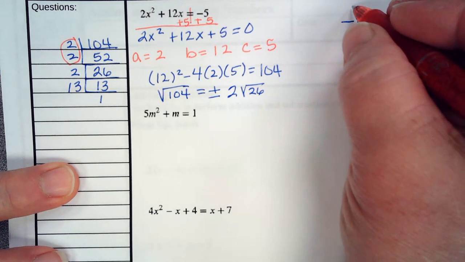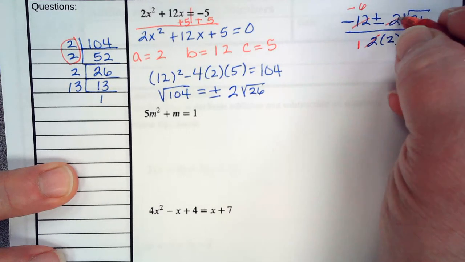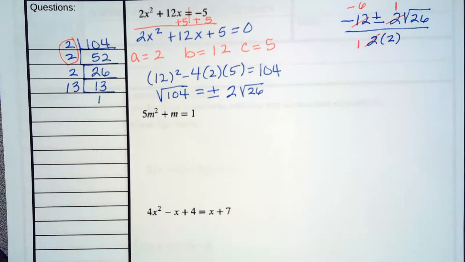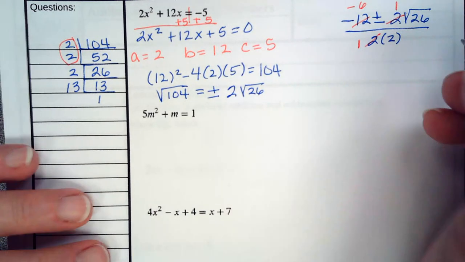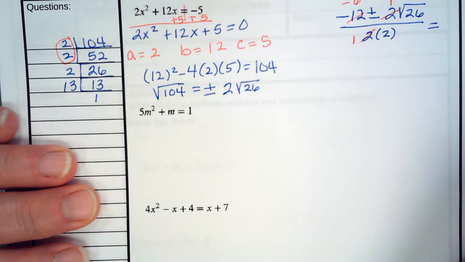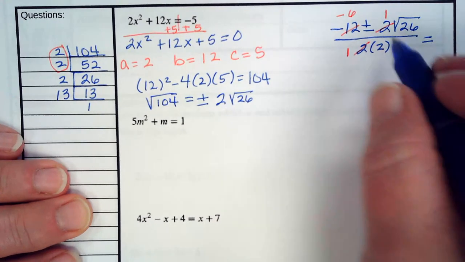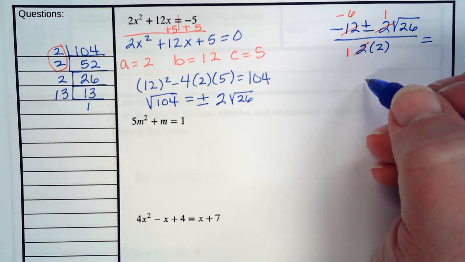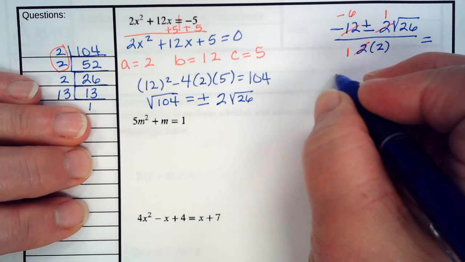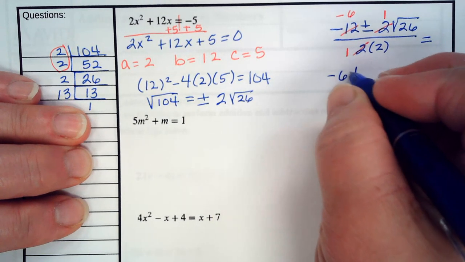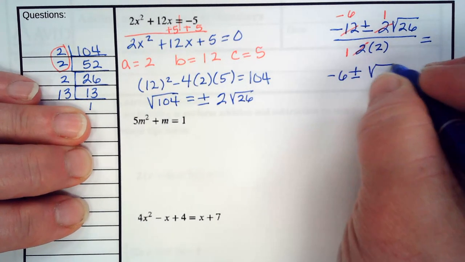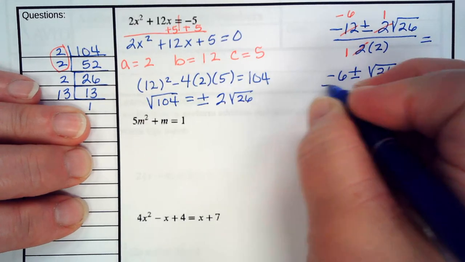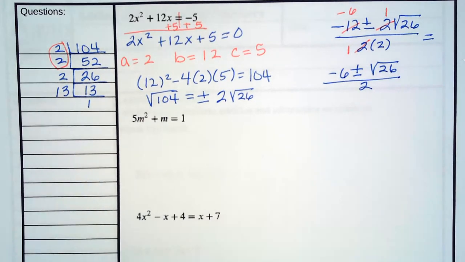Negative 12 divided by 2 is negative 6. 2 divided by 2 is 1 here. Okay, now, even though I could factor out 2 here, I won't because I'll leave it as a fraction. So this is negative 6 plus or minus the square root of 26 divided by 2.